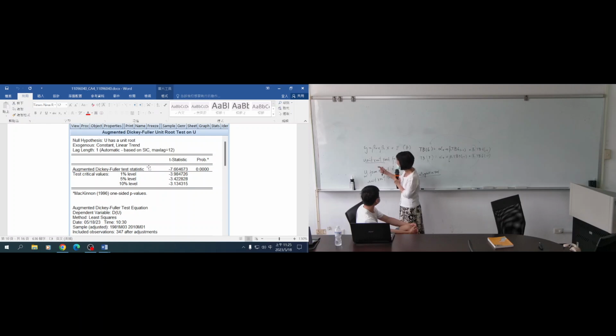But if we just say unit-root test, usually it is on the individual X and Y.